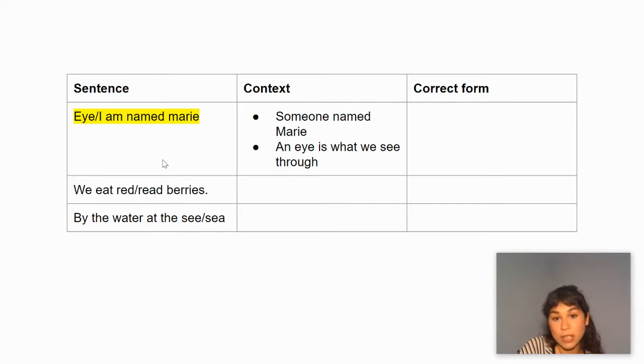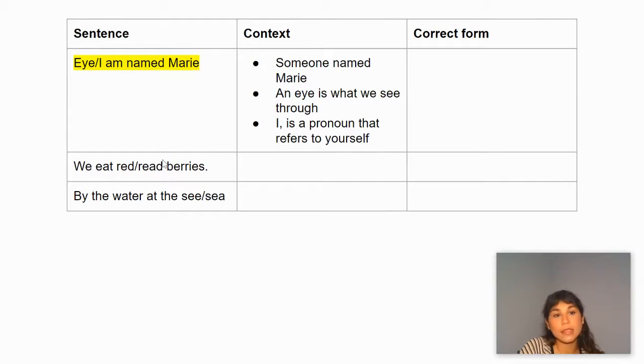Eye, spelled EYE, is a body part on our face, which is what we see through our eyeball, and I, spelled I, it's alone, is a pronoun that refers to yourself.